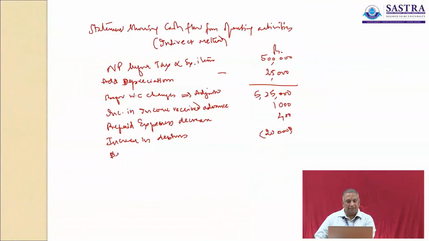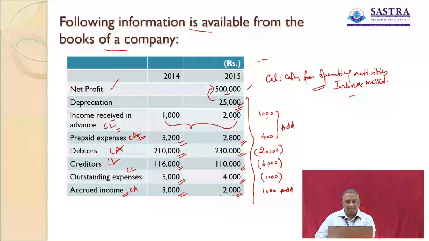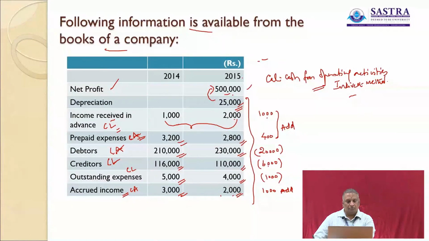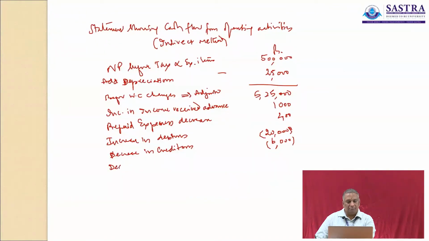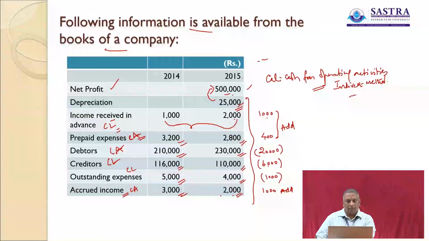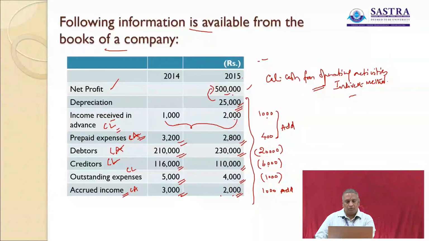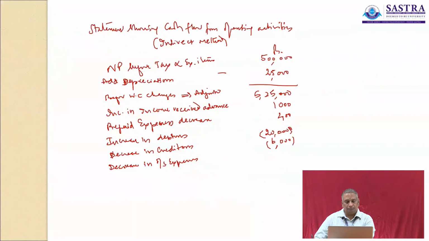Then decrease in creditors. That means you have used cash for making payment to creditors by rupees 6,000. So your operating cash will reduce by rupees 6,000. Next, decrease in outstanding expenses being current liability. So expenses payable is decreasing.